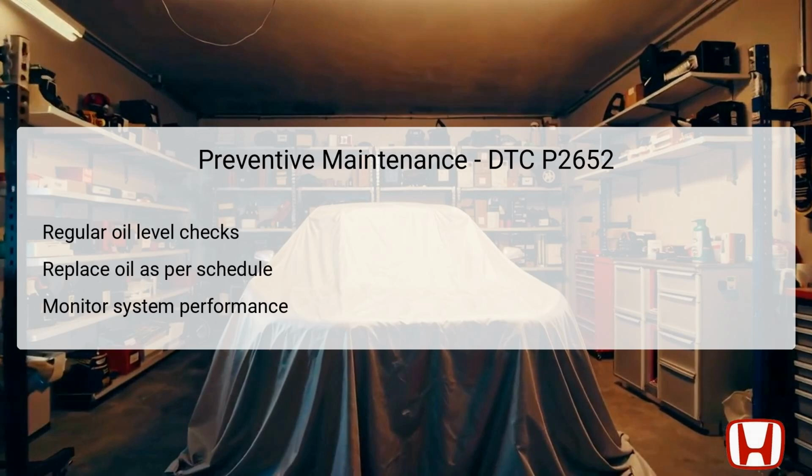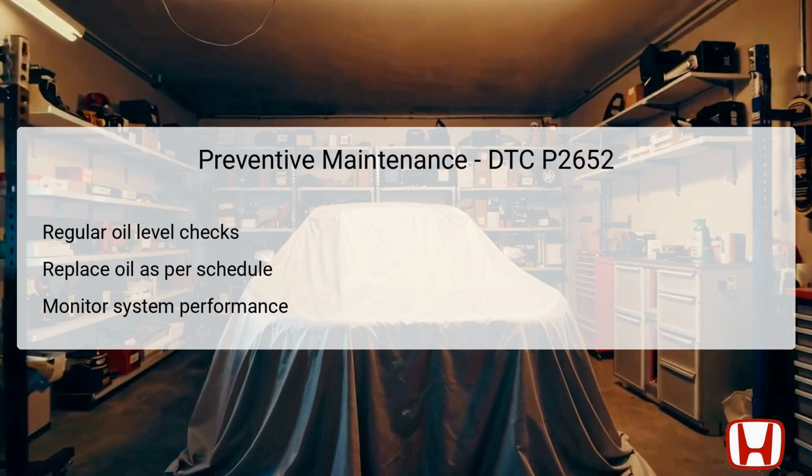To prevent future occurrences of DTC P2652, implementing a scheduled preventive maintenance routine is essential. One critical aspect is performing regular oil level checks to ensure that your engine maintains the appropriate oil volume for optimal performance. Additionally, following the manufacturer's recommendations for oil changes is vital.